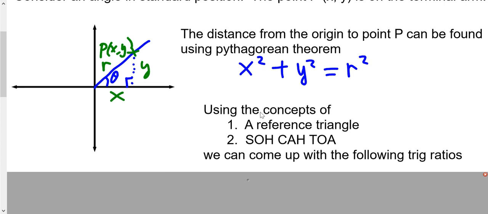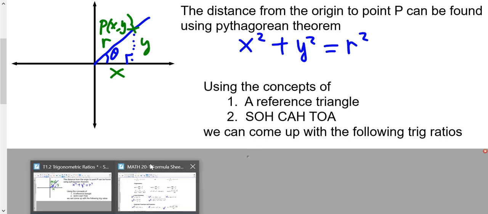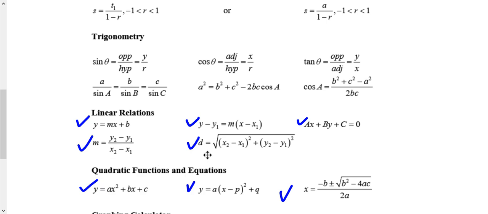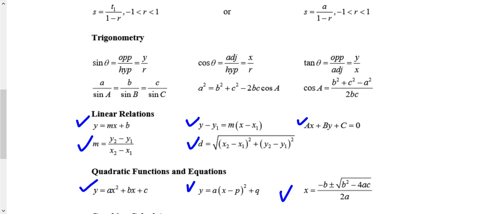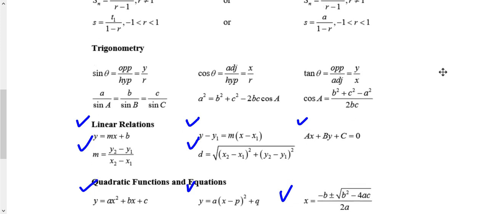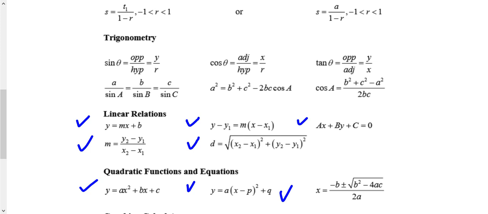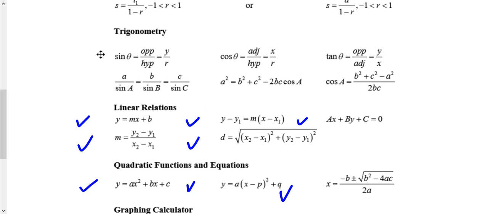Okay, using the concepts of a reference triangle, we talked about that from last day. If you don't remember that, you can go back to last day's lesson. And then SOHCAHTOA. Before I move on, I want to quickly refer you to your formula sheet. The SOHCAHTOA from Math 10C, they are here. Oh man, sorry.